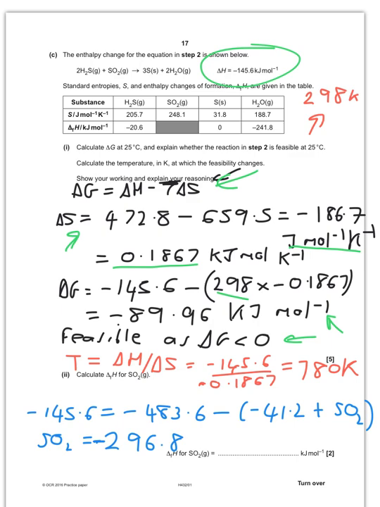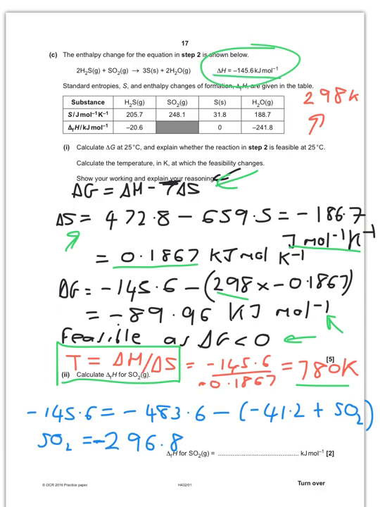Then they want to calculate the temperature at which feasibility changes. That temperature is when delta G equals 0. So when delta G equals 0, you can have this expression here, which if you do that, you get 780 Kelvin. And then finally, they want you to calculate delta H formation for SO2, which you can do quite easily.